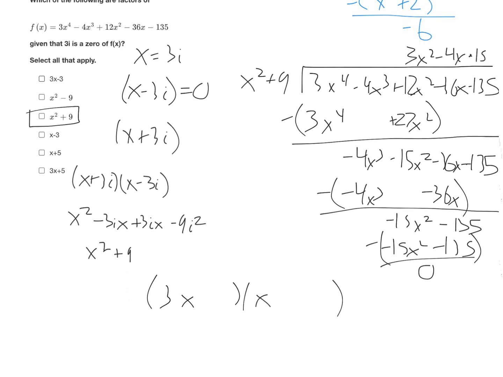Now I'm thinking about what two numbers multiply together to give me negative 15. Well, there's more choices this time, but not that many. Feels like we're going to need a 5 and a 3 here. Could be a 15 and a 1, but I'm going to go with a 5 and a 3.